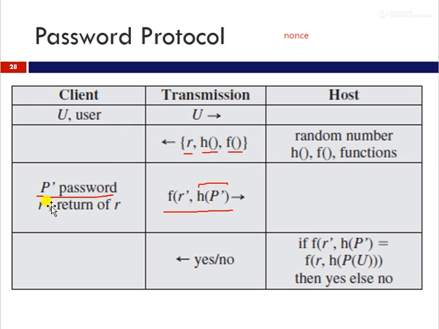Why do we call it r dash? Because the client received this message on the network, and it is possible that because of noise in the network this r has been changed. So that's why we call it r dash. The client will calculate function f on r dash and the hash of the client password and send this data back to the host.